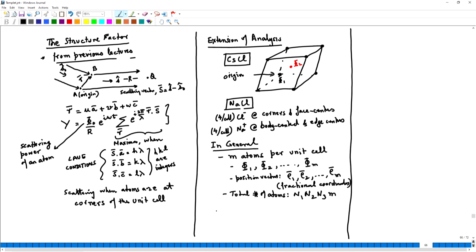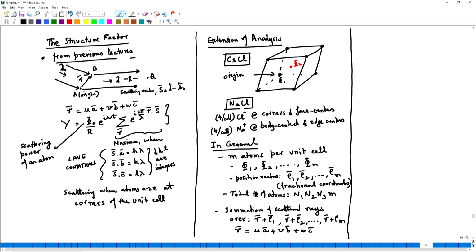Now, we have to do a summation of scattered rays over the following vectors: r plus rho 1, r plus rho 2, all the way to r plus rho m, where vector r, which is a lattice translation vector, would be UA plus VB plus WC.